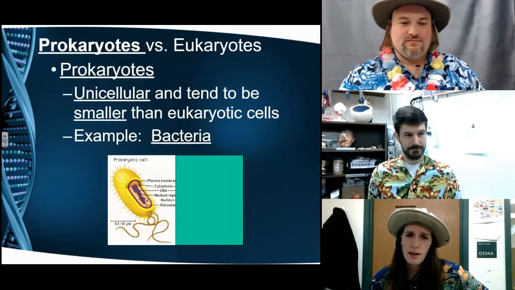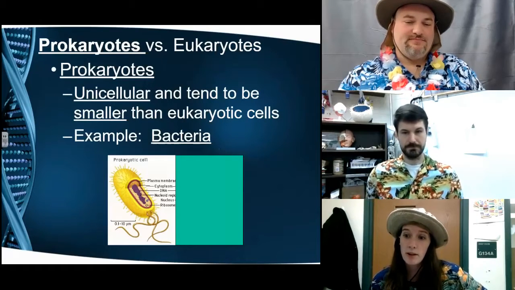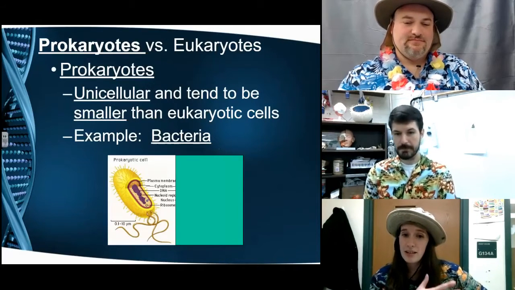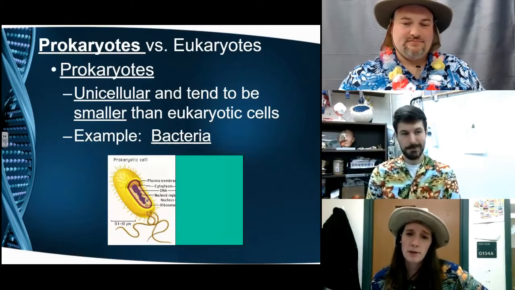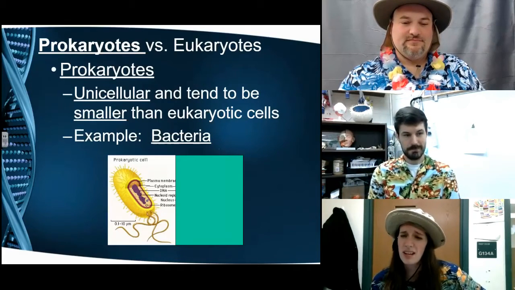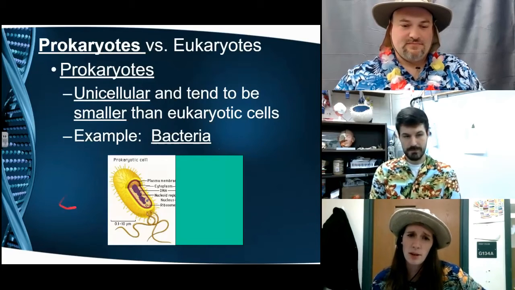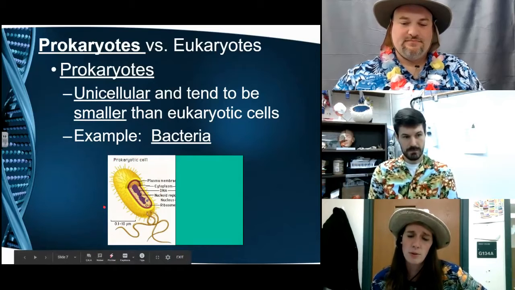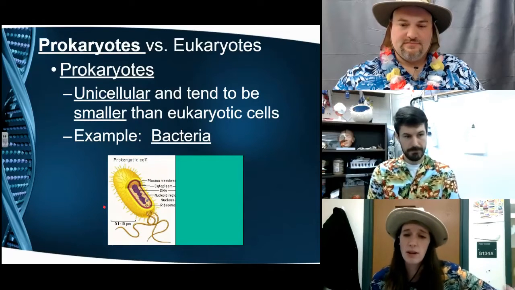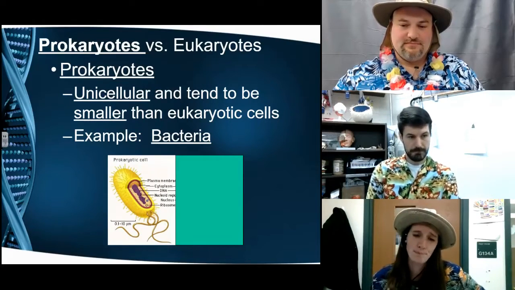Our examples of prokaryotes, when we were talking about the different kingdoms of life, typically are unicellular and smaller, and mostly it's bacteria. A lot of bacteria are prokaryotes because they're that single cell, and they don't have a nucleus or any of those organelles inside them.